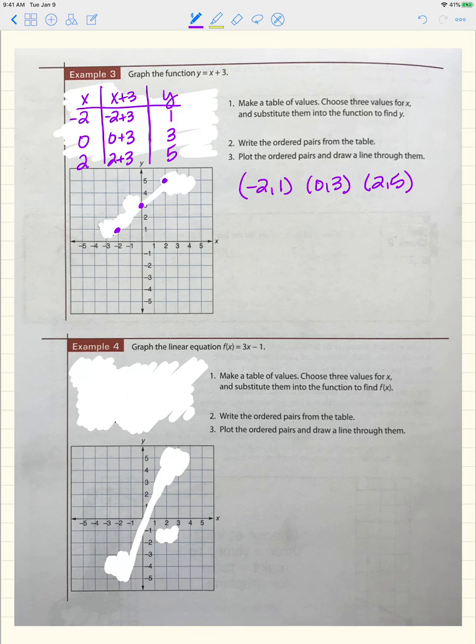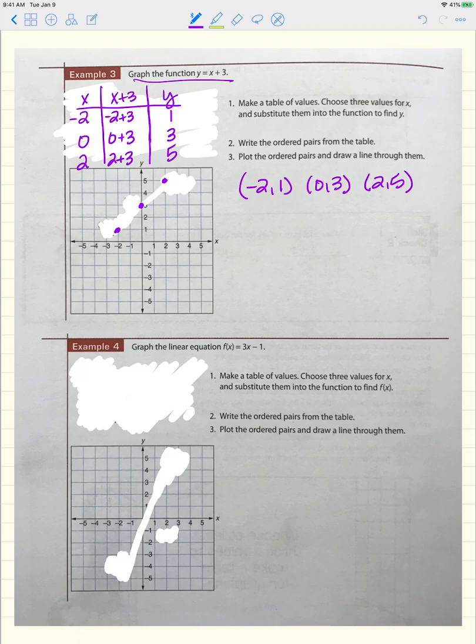Now, because we were not given restricted values for x, because we were just told graph this function, that means that there's an infinite number of options that someone could choose for x, which means there's an infinite number of solutions. So when we graph this, we need to graph it as a line, because the line represents all the different possibilities for x and y, because a line moves infinitely in both directions, okay?